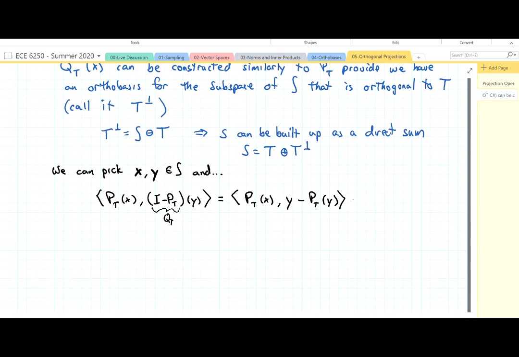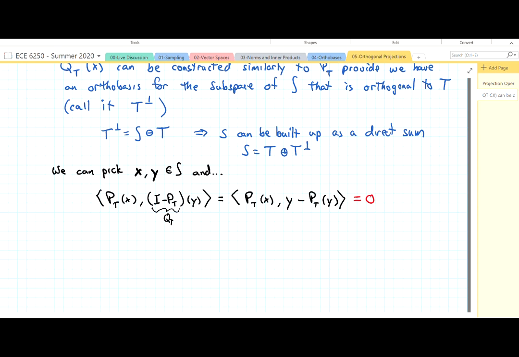We've essentially taken any x and y and we said we only want to keep the part of x that's in T, and we only want to keep the part of y that is not in T. And so the result is those are in orthogonal subspaces, and we get that that's equal to 0.